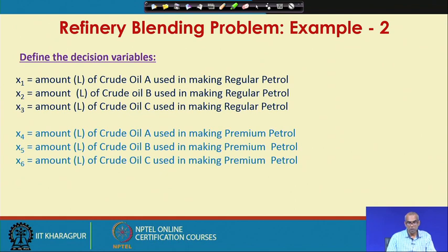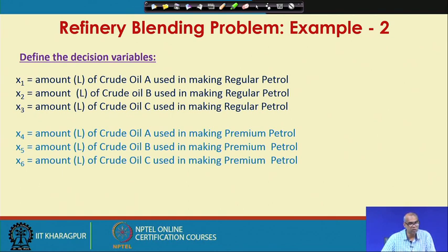Now, to formulate the problem, let us first define the decision variables. The question we ask is how to blend crude oil A, B and C. So, we define suitable decision variables as the amount of crude oil A, crude oil B and crude oil C that need to be blended for making regular petrol.